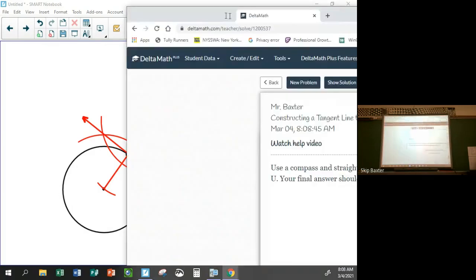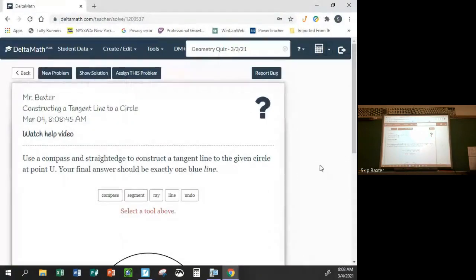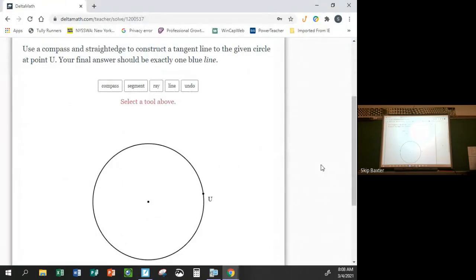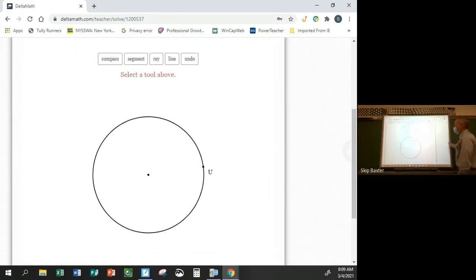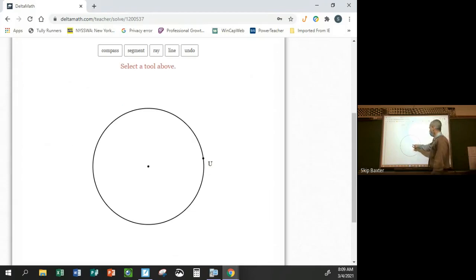All right, so here's a typical problem on tonight's homework. Just like what we just did, right? It says use compass and straightedge to construct a tangent line to the given circle at point U. Your final answer should be exactly one blue line. Okay, so the process is first draw the extended radius.